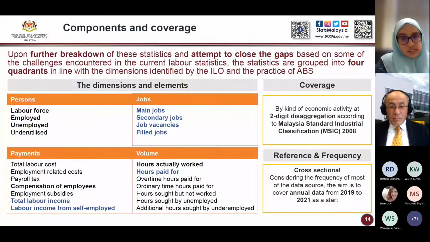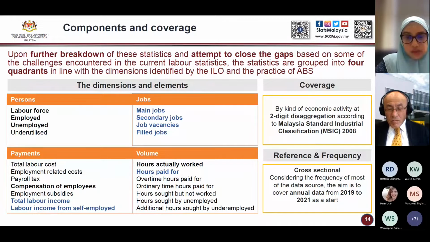Now, looking at this dimension, upon further breakdown of the statistics and in an attempt to close the gaps based on some of the challenges encountered in current labour statistics, we tried to cluster all these statistics by what is available, looking at the practice of the ILO document, the paper Kieran shared in 2002, which I agree is still very relevant today.